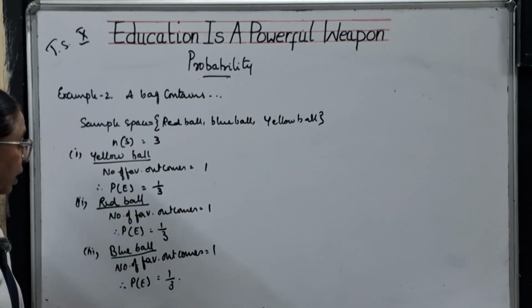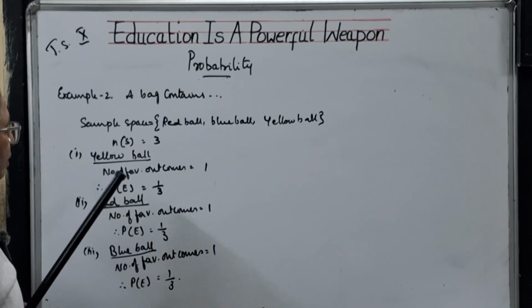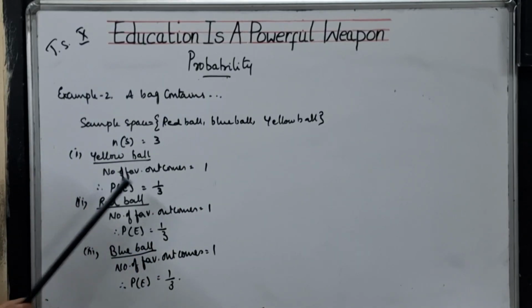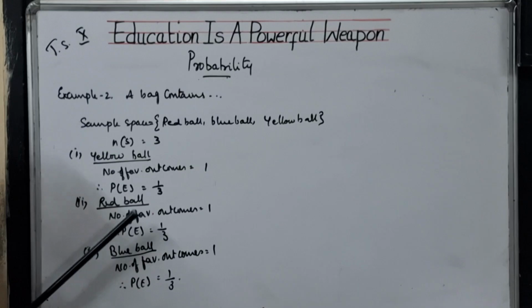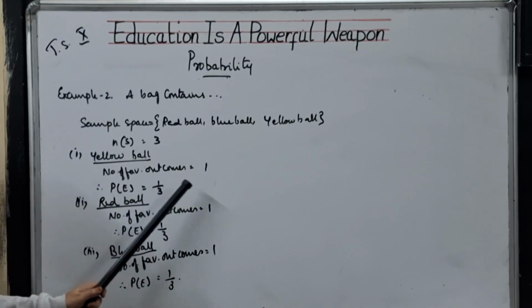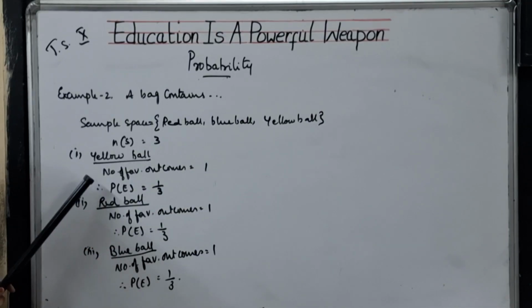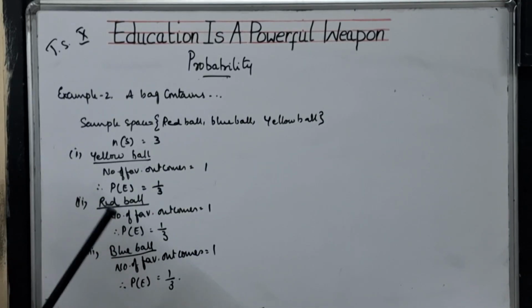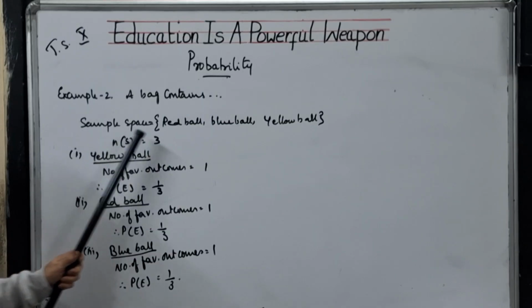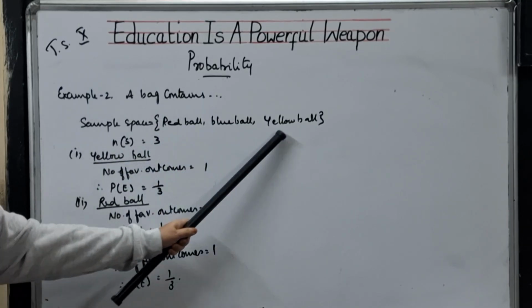So, see children, always we need to first write the sample space, whatever the problem is, and accordingly we can do it. In this problem, we have only 1, 1, 1. Otherwise, if the number is more, definitely we will get a bigger sample space. So, the main thing is what the problem is dealing with and what the elements are in the problem.